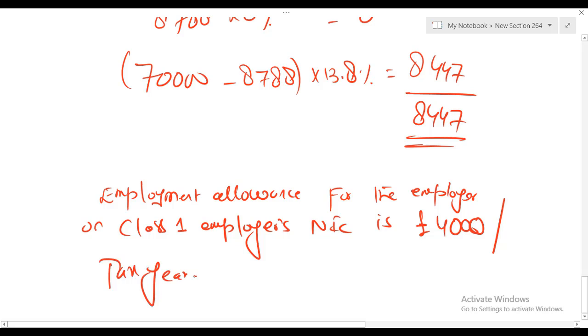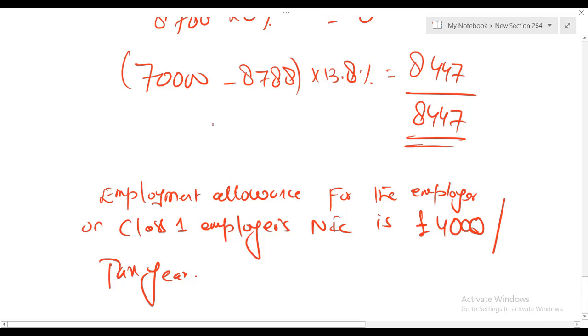Actually, this £4,000 per tax year reduces the class 1 employer NIC liability. So let me repeat. This £4,000 is per tax year. This 4,000 employment allowance is not per employee.